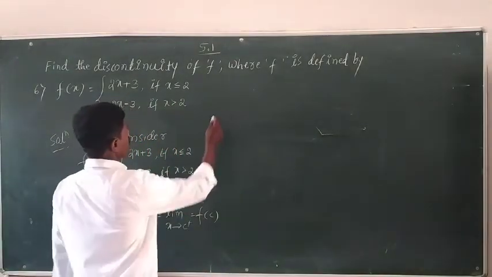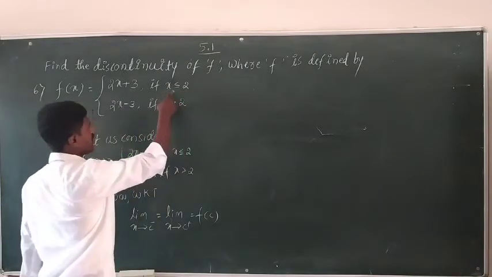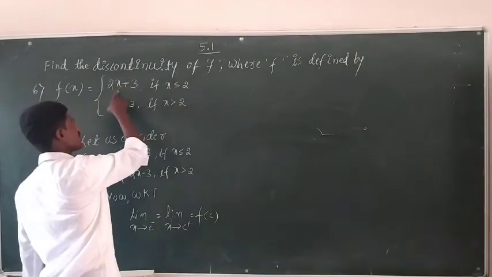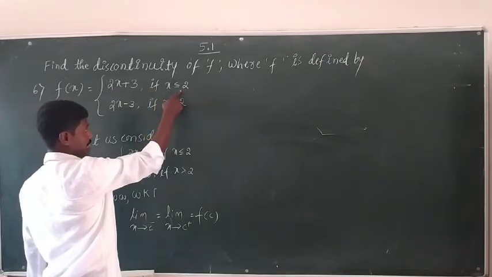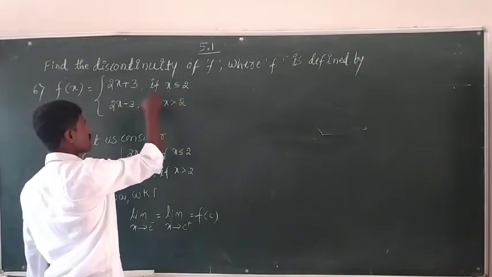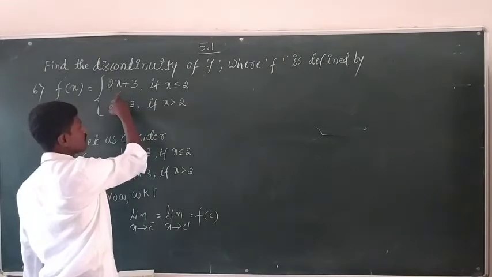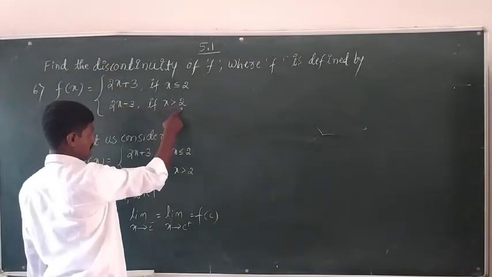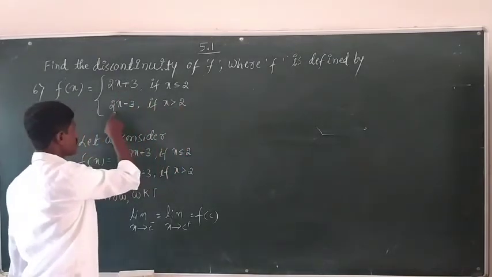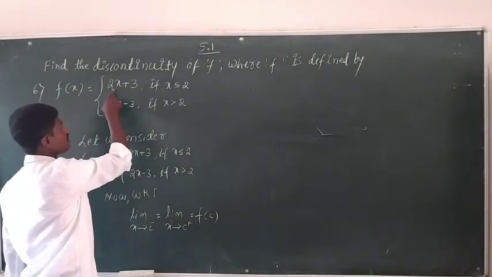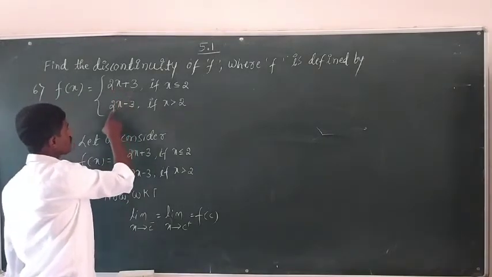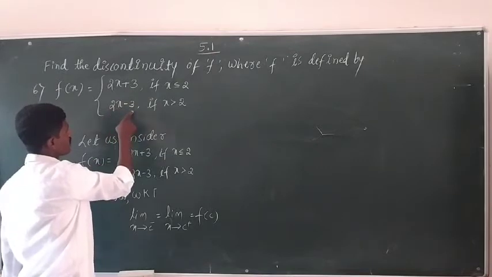Now, when x is less than 2, for any value of x less than the given limit, we consider it a left hand limit. For any value of x greater than the limit, that is considered a right hand limit. Here the function for the left hand limit is 2x plus 3 and the function for the right hand limit is 2x minus 3.